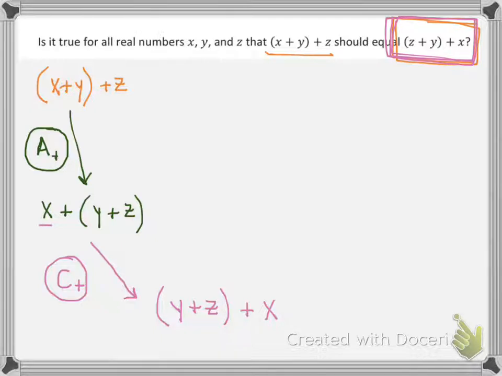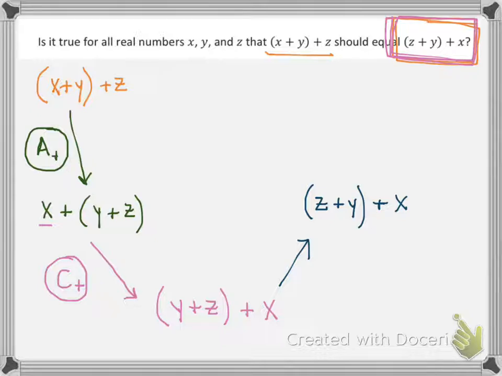I've got the z and the y in parentheses. I have the x on the right side. I guess the only thing wrong is I don't have the y and the z switched around, so I'm going to do that, and that's going to be z plus y plus x.